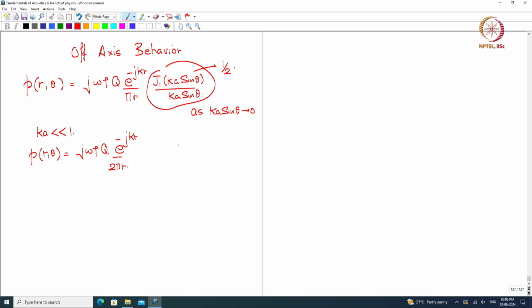Now if you remember, del square plus k square G being minus delta of r minus r dash, the free space Green function was e to the power minus j k r by 4 pi r. So it does not have pressure units.